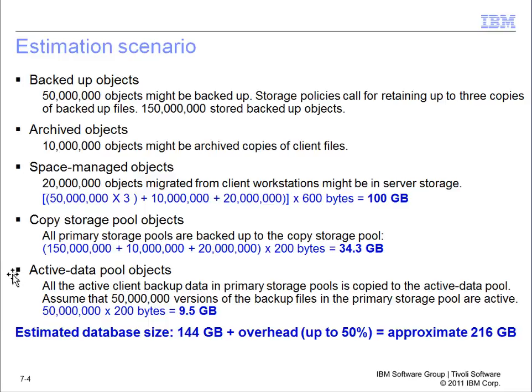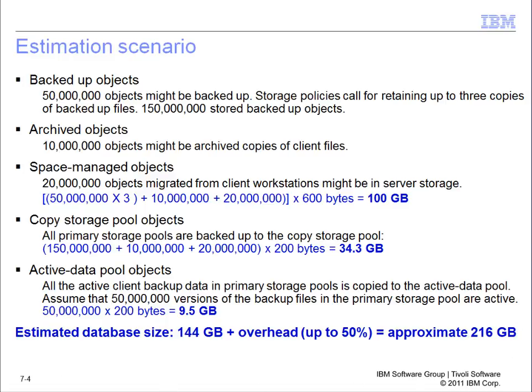And because we want to have an active data pool with the active copy, that would be 50 million versions, this is our 50 million here, times 200 bytes is another 9.5 gigabytes. So we have 144 gigabytes, plus let's add in some overhead, so approximately 216 gigabytes for this scenario.